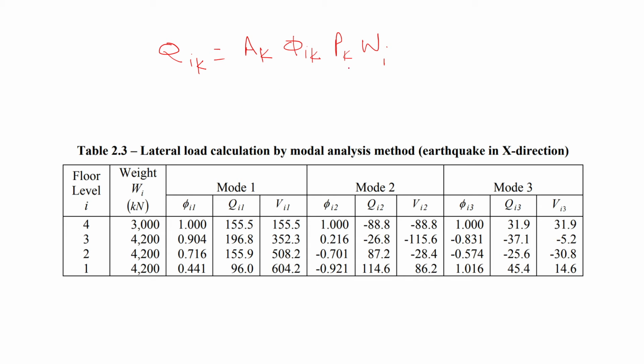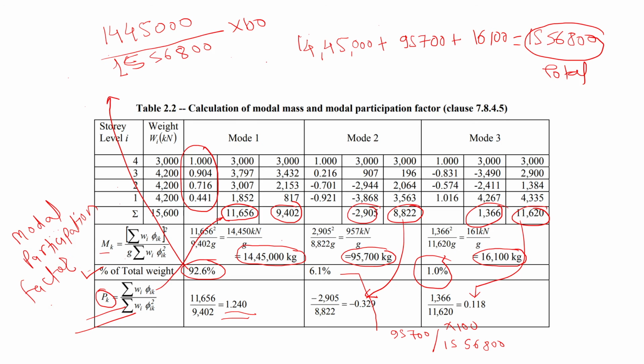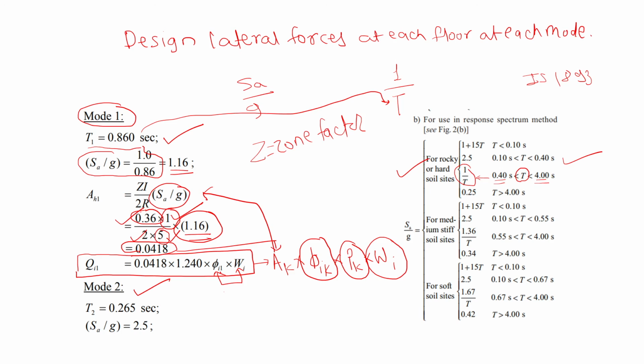Only thing is here for mode 1, our AK value is, if you see, AK value here is for AH1 0.0418.